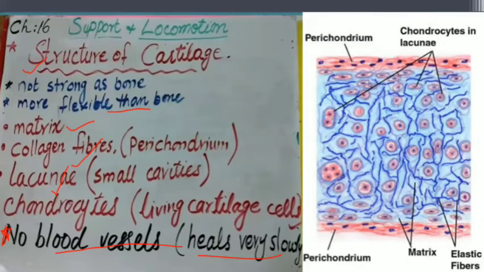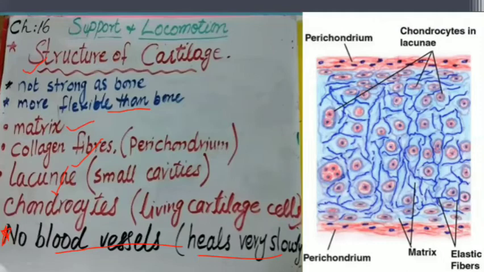If you see this structure, this is the internal structure of cartilage. All of this which is present here is matrix, and it is a gel-like substance which contains many collagenous and elastic fibers. You can see here, elastic fibers are present, these blue lines, and this is filled with the jelly-like substance, that is matrix.